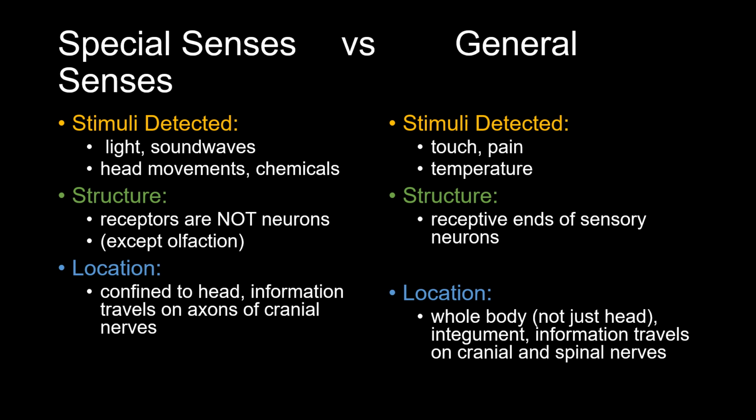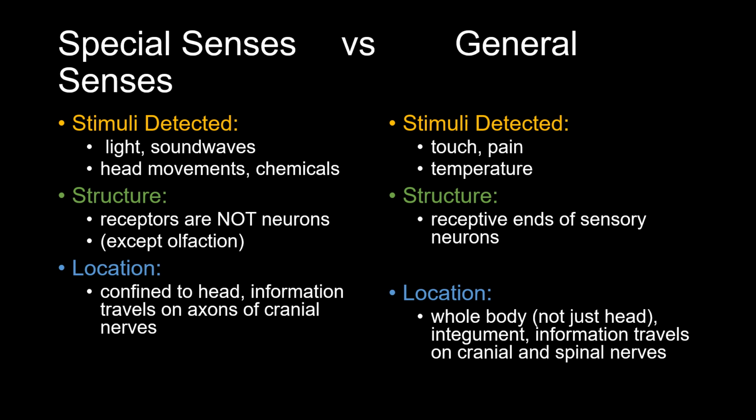Now, the structure is also a little bit different. In general sensation, stimuli are detected at the receptive endings of sensory neurons, and these receptors have relatively simple structures and are located all throughout the body in both the skin and the viscera. In contrast, the receptors of the special sense organs are not neurons, but instead are specialized cells that detect special sensory stimuli.